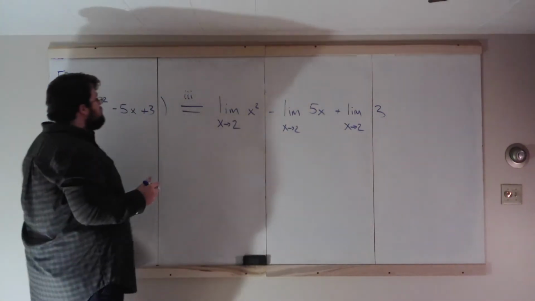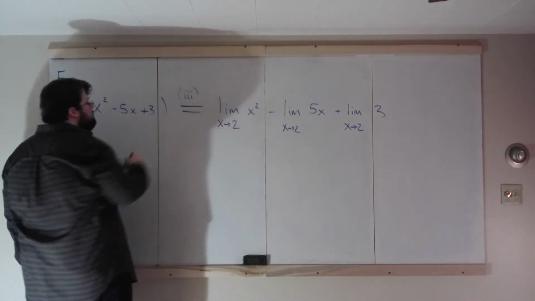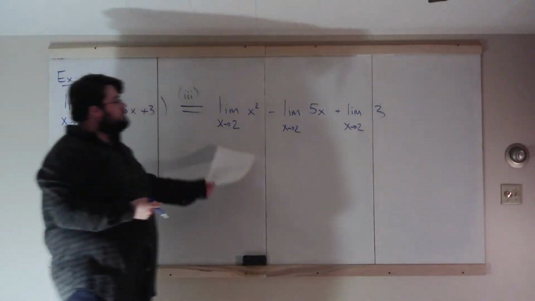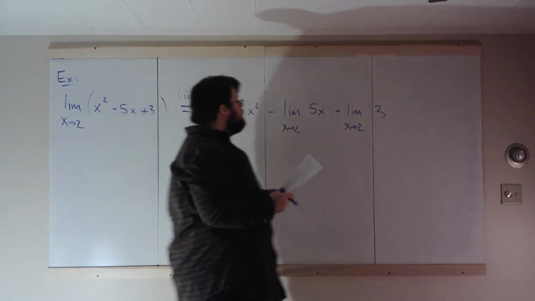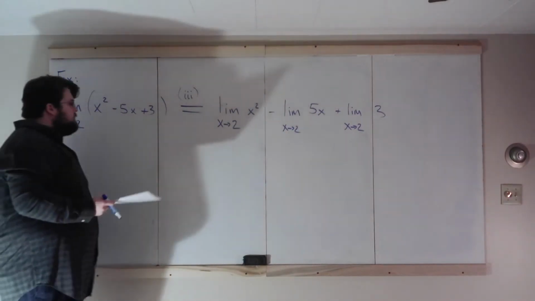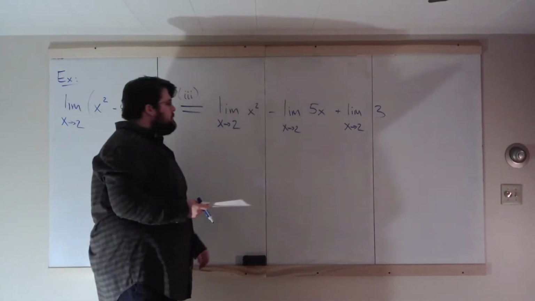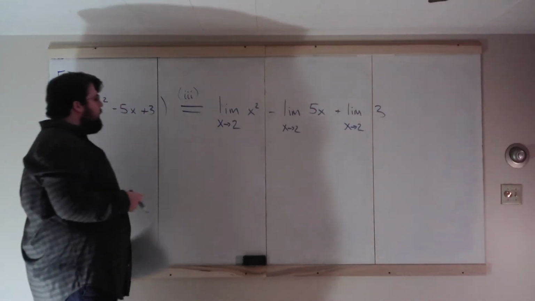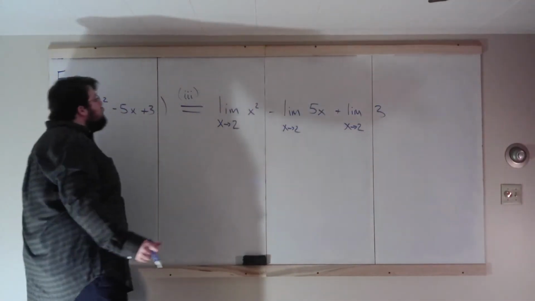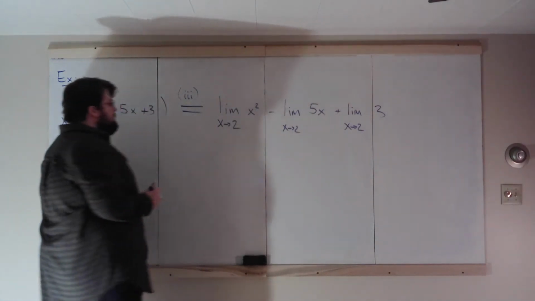And that's just using rule 3. Rule 3 says if you have 3 things added together, you can do them one at a time. Well, what can we do next? Well, we have 3 limits. You might think that it made it harder because we went from 1 limit to 3 limits. I may agree. But let's do the first limit, and then we'll do the second limit.